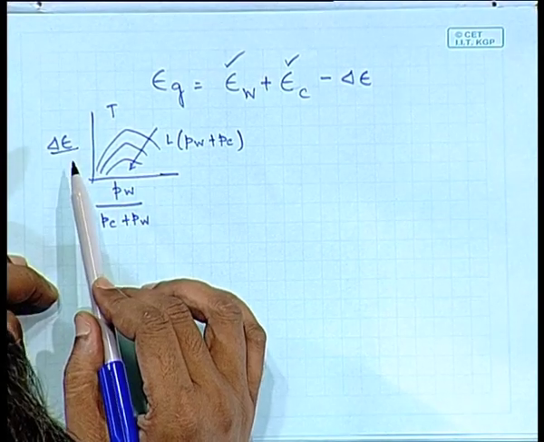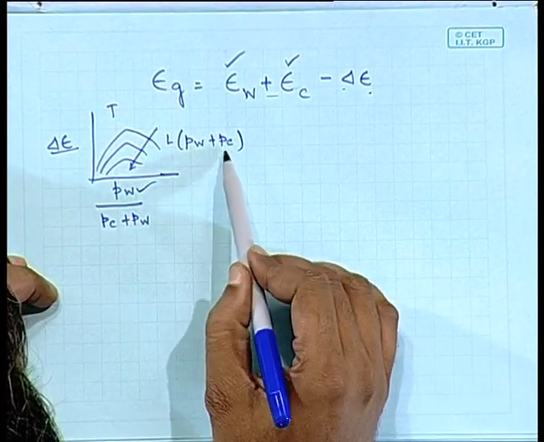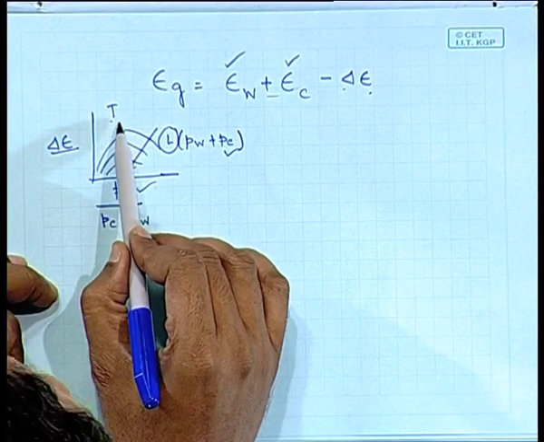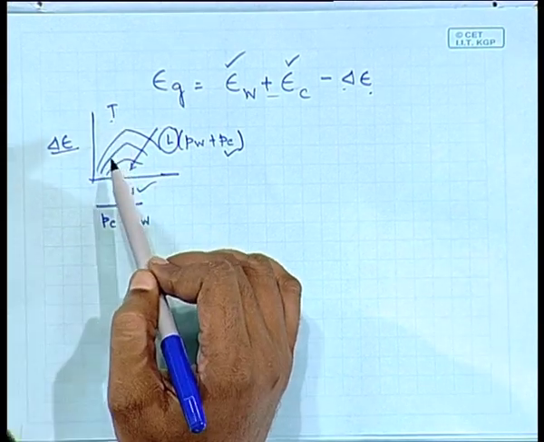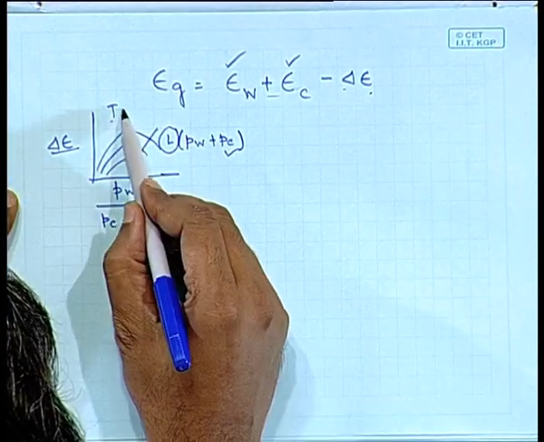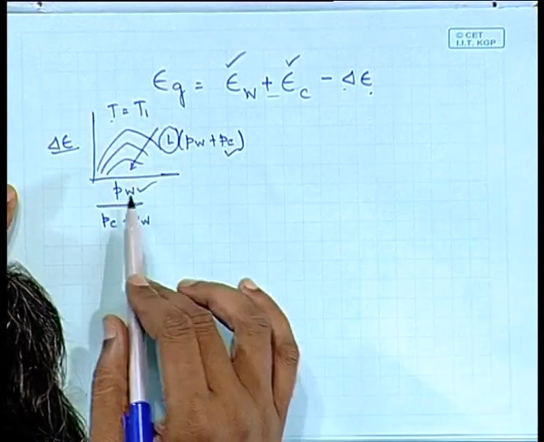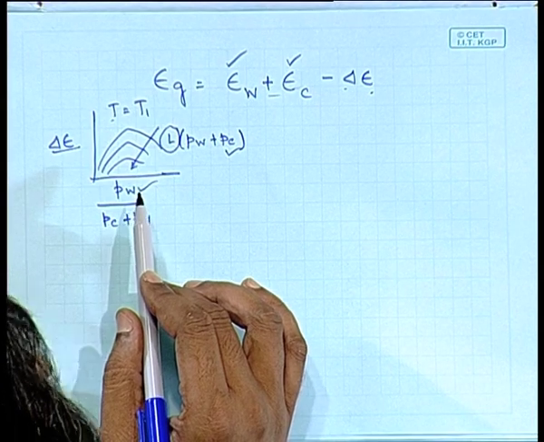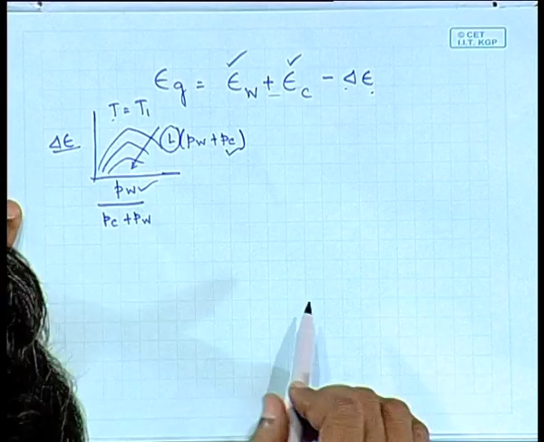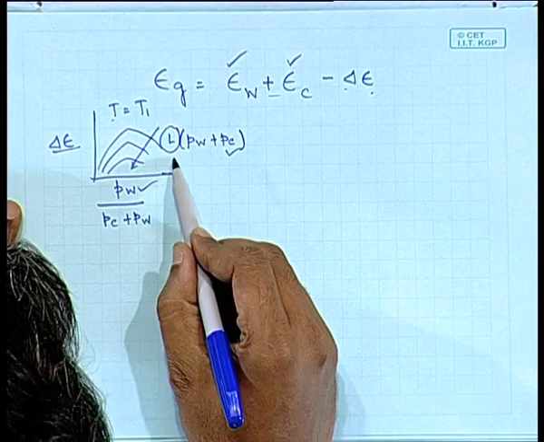Delta epsilon, the change in epsilon that you have to incorporate in this equation, as a function of Pw, Pc and this L at a specific temperature. Okay. If the temperature is different, then you have to use the curve specific to that. So, this is at T equal to T1. This is how you incorporate the radiation when you have more than one participating gas present in it. But there is one last thing that I would like to discuss, which is this L.